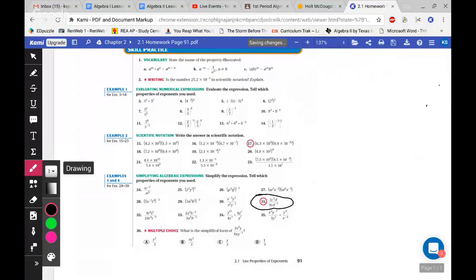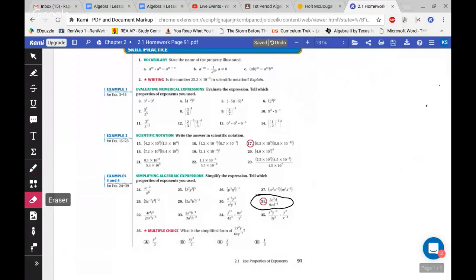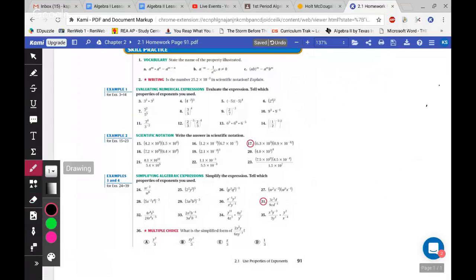Or is that the one we just did? That's the one we just did. Yay. I'm further ahead of myself than I thought. 33. Okay, once again, you would deal with the constants first, but they don't even reduce. So 2 over 3, there's no way to reduce that, so it just remains the same.